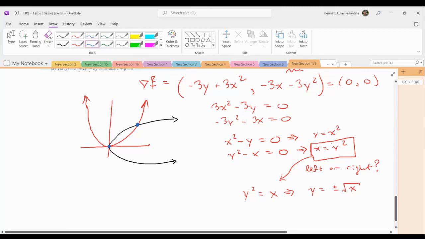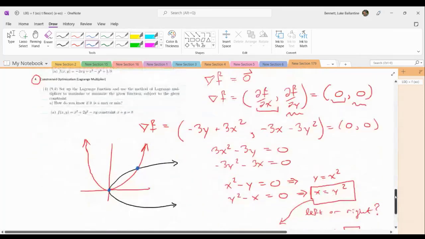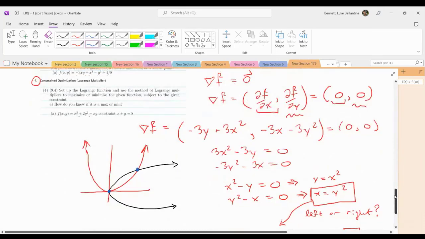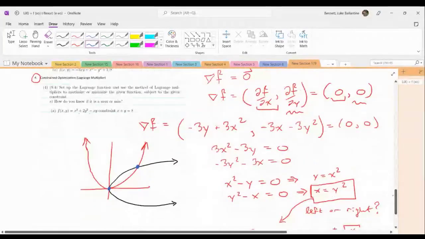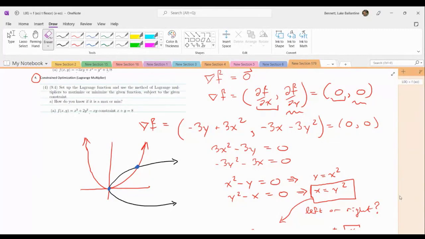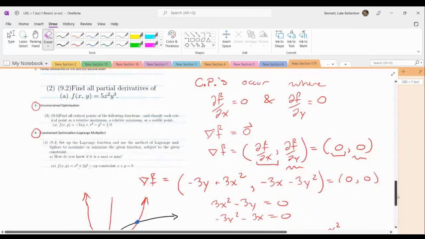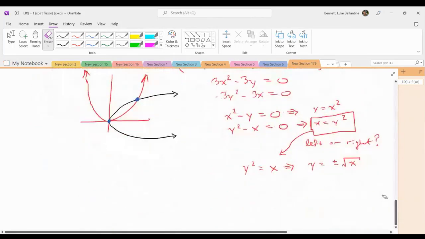Okay? This is where the gradient is 0. Remember, this is not integration or anything. This is derivatives. So don't look at the region. Just look at the intersection points. Okay? So then we have two critical points.